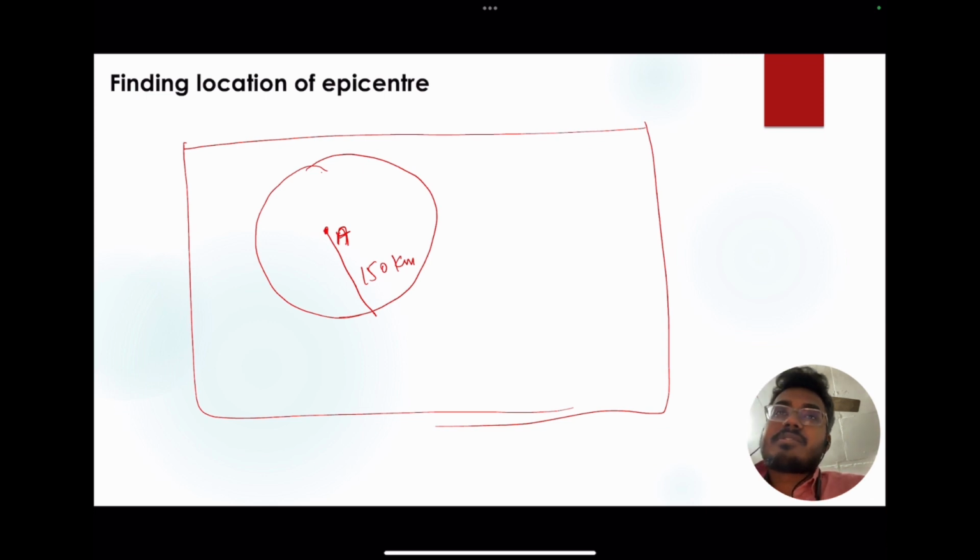Similarly, from another seismic station B, we found the distance to the epicenter is 200 kilometers, let's say, and it is located somewhere here. And this distance is 200.